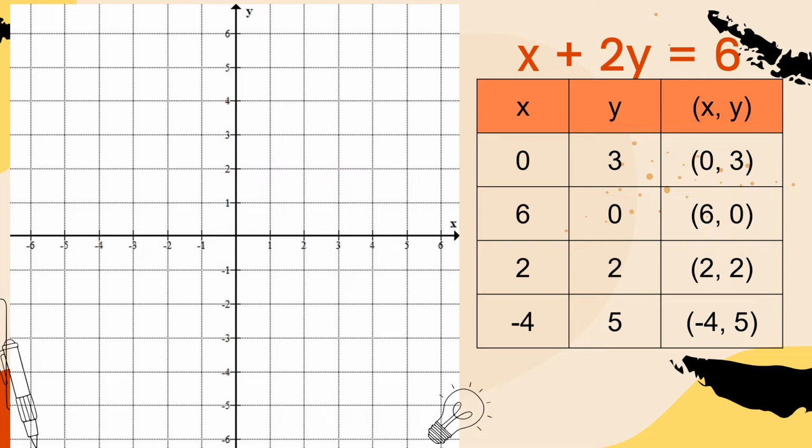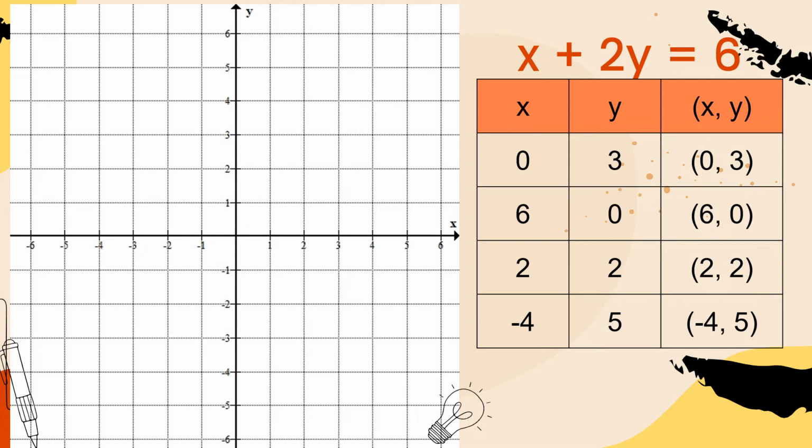And then we have 6, tsaka 0. So, 6, 0 as an ordered pair. So, if x is equal to 2, we solve that y is equal to 2. So, we have the ordered pair 2, 2. And then, if x is equal to negative 4, we already solved that y is equal to 5. So, that will give us the ordered pair negative 4, 5.